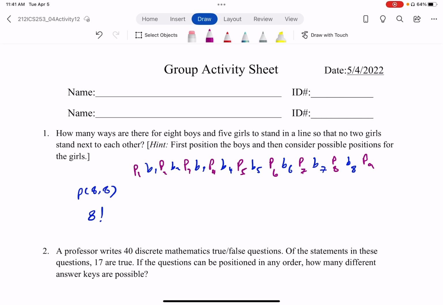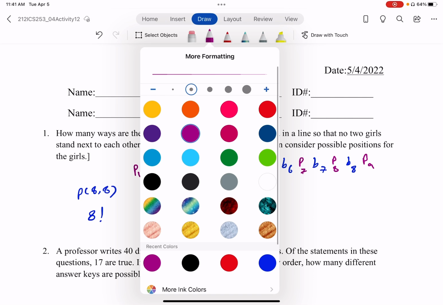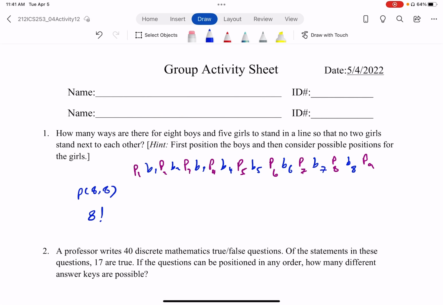So basically, this will be P88 multiplied by P9, 5.